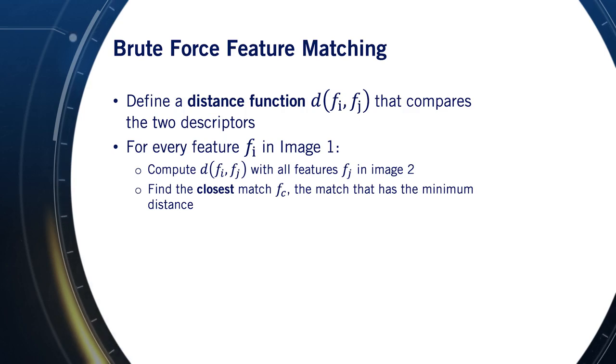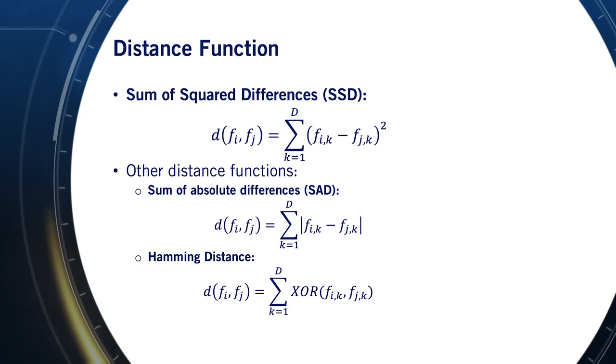This feature is known as the nearest neighbor, and it is the closest feature to the original one in the descriptor space. The most common distance function used to compare descriptors is the sum of squared distances, or SSD, which penalizes variations between two descriptors quadratically, making it sensitive to large variations in the descriptor, but insensitive to smaller ones.